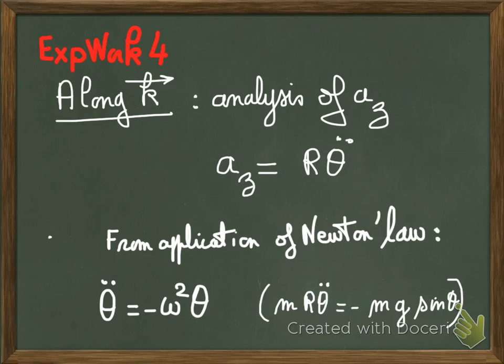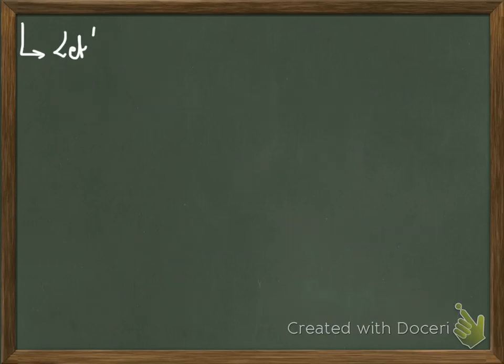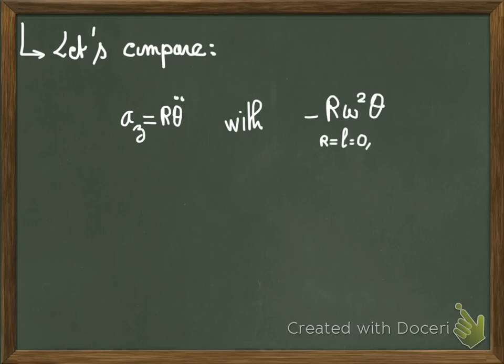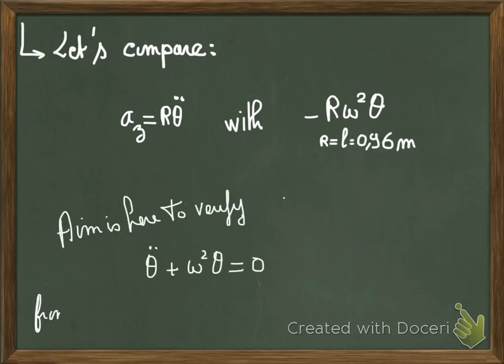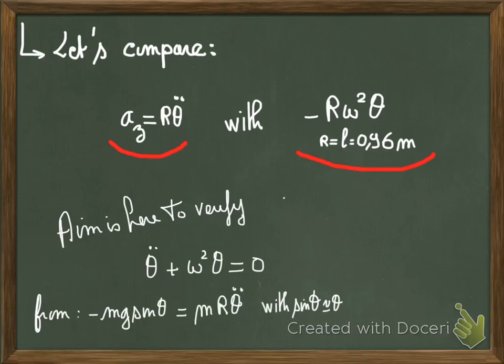R we know because we measured it before, it's 0.96 meter. So let's have a look at that, first at the bare data. What we want to do now is to compare AZ with R omega squared theta.